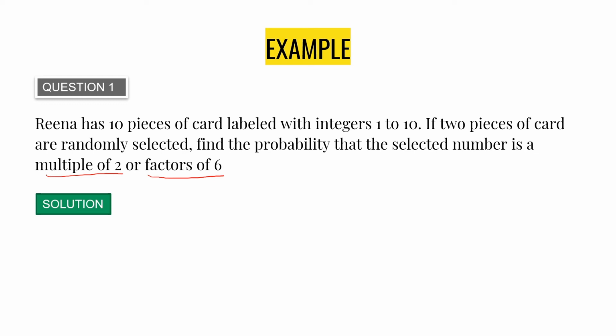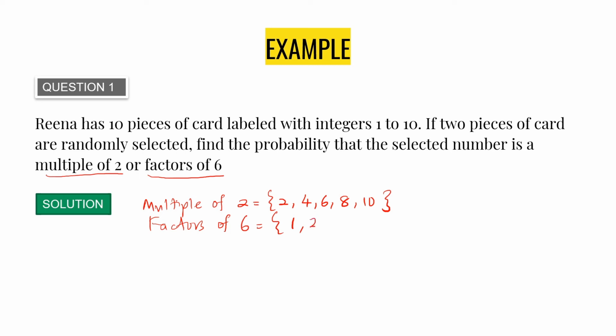For multiples of 2, from the numbers 1 until 10, we will have 2, 4, 6, 8, and 10. And for factors of 6, we will have 1, 2, 3, and 6.